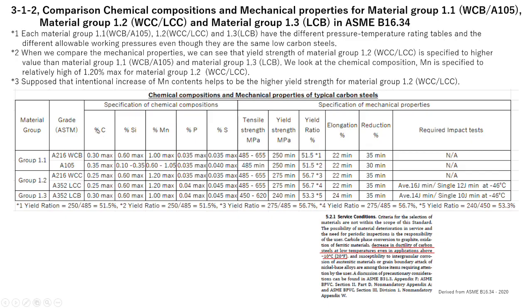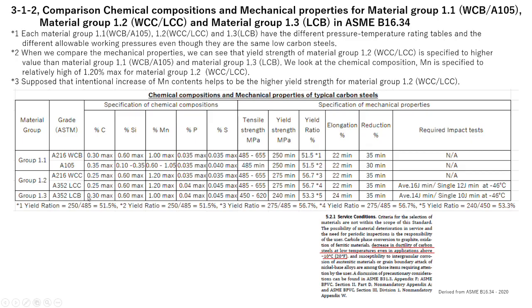Carbon content is indicated as 0.30% and 0.35% for WCB and A105. WCC and LCC materials specify a smaller carbon content, 0.25% maximum.